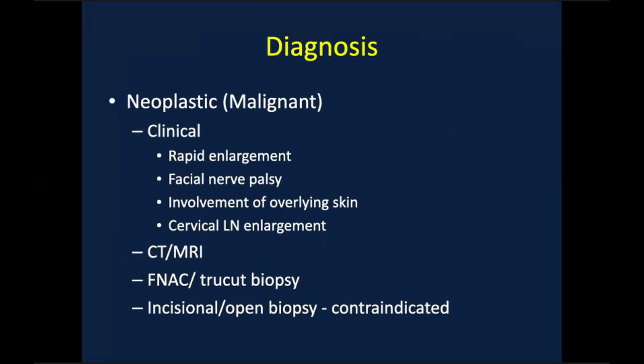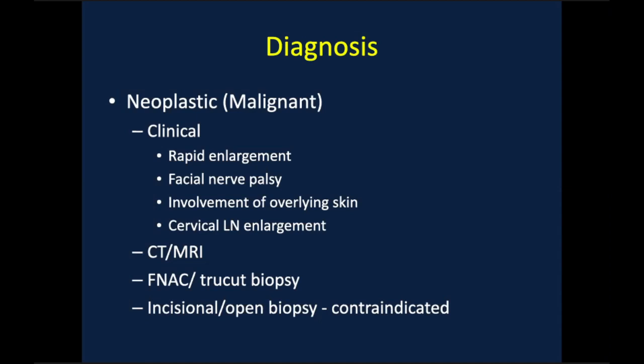Right, so how do you diagnose a tumor or a salivary gland neoplasm? So obviously there is a swelling which is usually painless, but how do you differentiate a malignant one? If there is rapid enlargement, in the case of a parotid tumor if there is facial nerve palsy, and if the overlying skin is involved with inflammation, ulceration, or if there is associated cervical lymph node enlargement, you can suspect a malignancy, right?